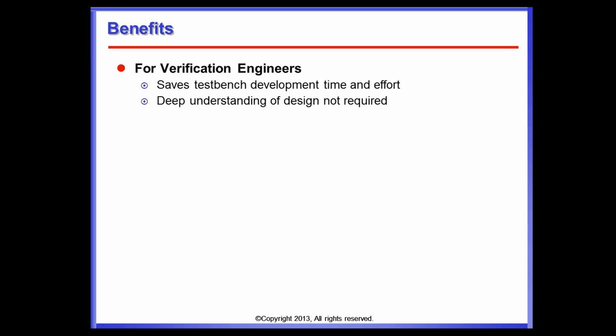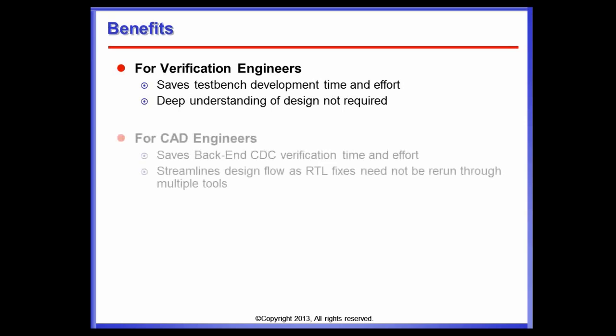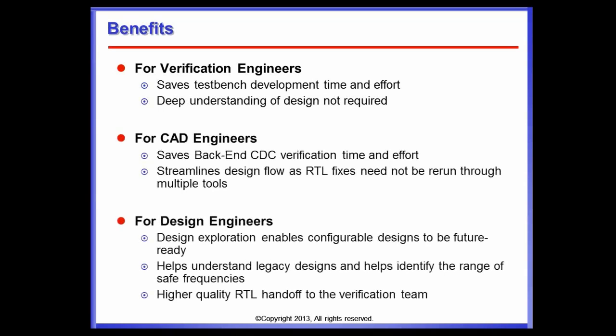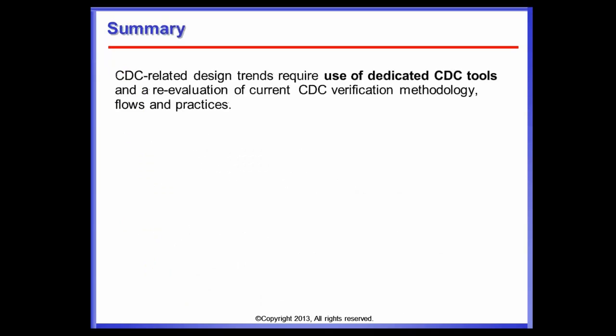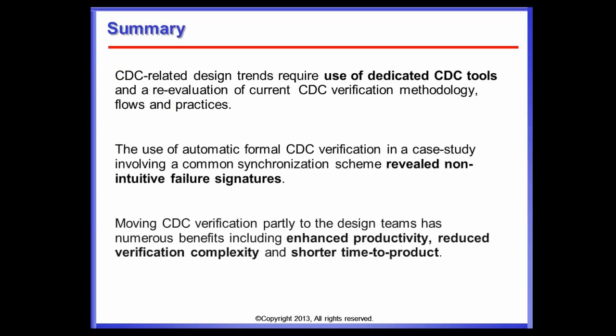So you don't need a deep understanding of the design. It's simply a push-button thing to get there. It saves back-end and CDC verification time, and streamlines design flow and design exploration. The design engineer can explore his design and try out different values to see that the design is stable.